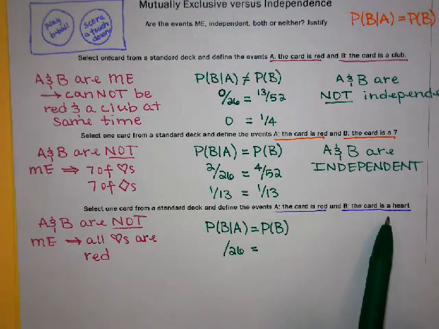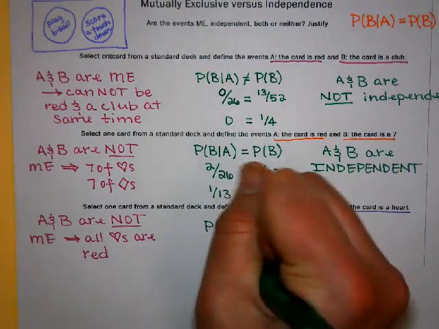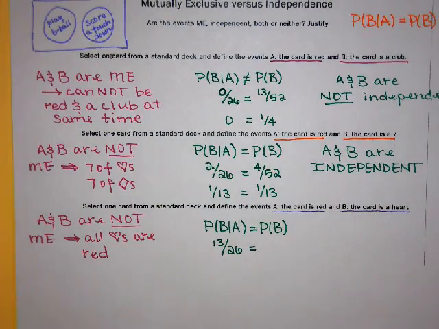There are 13 hearts, 13 diamonds, 13 clubs, 13 spades. So if we're only looking at the red cards, 13 of them are hearts, and then 13 of them would be diamonds.